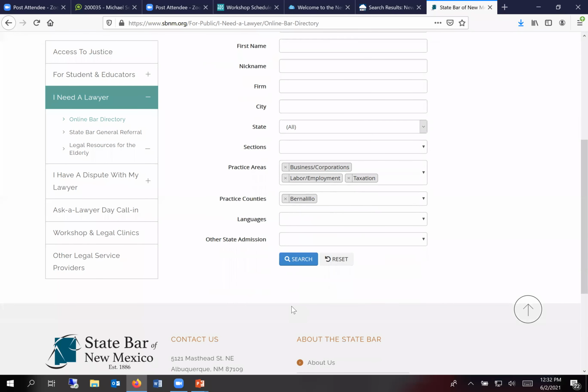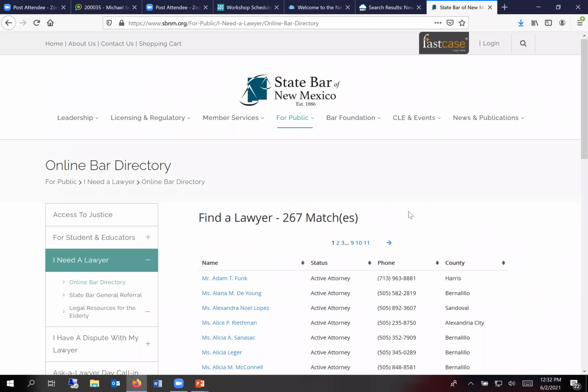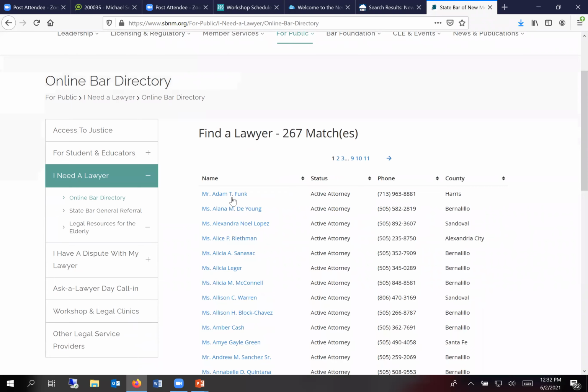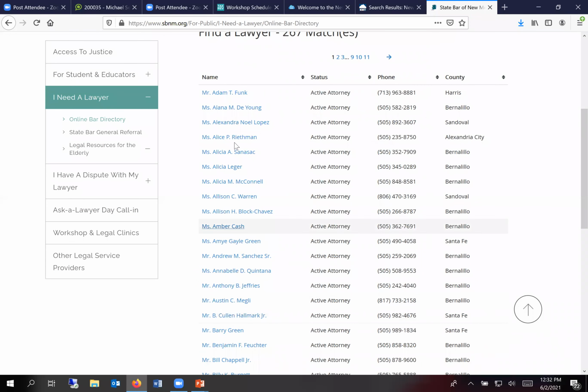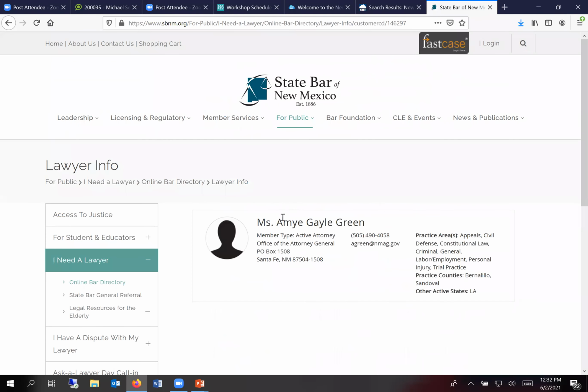So you may have to go to the largest municipal area in your area to find an attorney who practices in that practice area. And as you can see, they have a list of attorneys who practice in those practice areas. I'm going to pick one at random and go into their profile, and you can see here's their name, their email address, their phone number, their mailing address, and it tells you what their practice areas are.